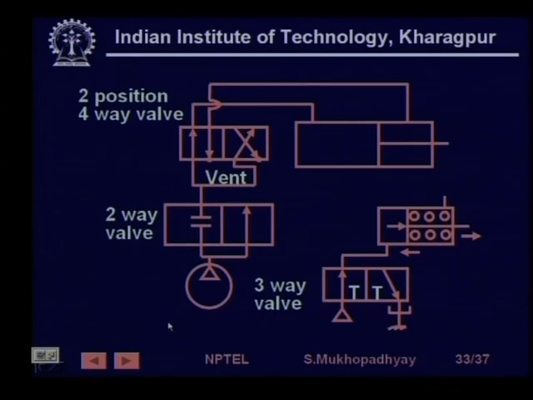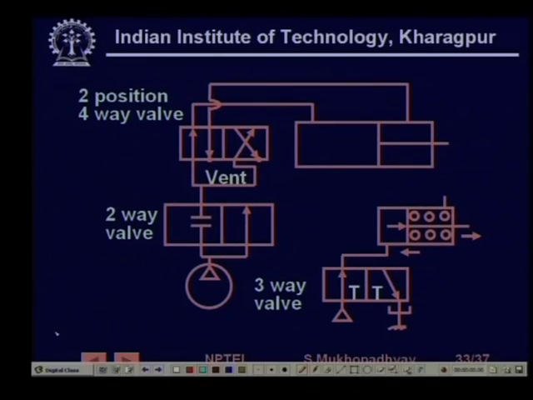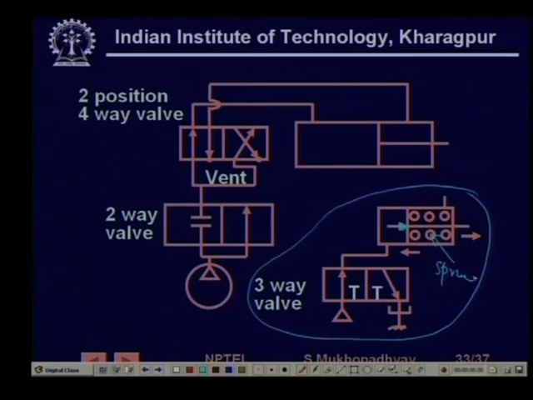Similarly, this is another application where for example, see this is a 3-way valve application, where if you connect it to this position, then the valve will move this way. These are springs. So, valve is spring loaded, and so therefore, for the return you do not need any pressure, and you just shift the valve.